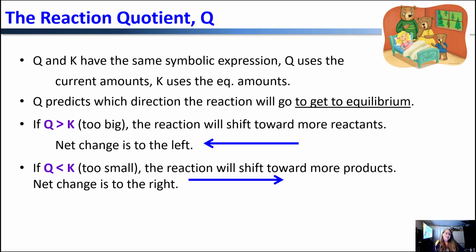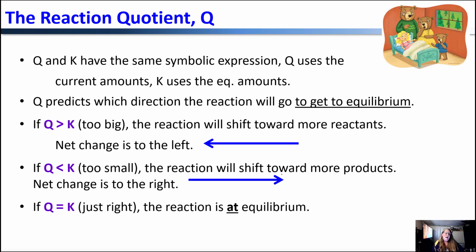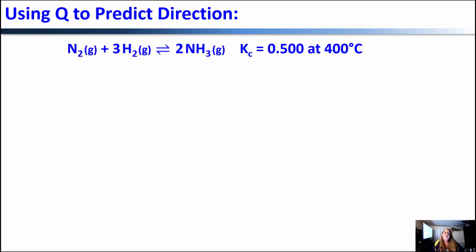If Q is less than K, we haven't reached equilibrium yet, and everything is still progressing to the right. And if Q equals K, then we are at equilibrium.